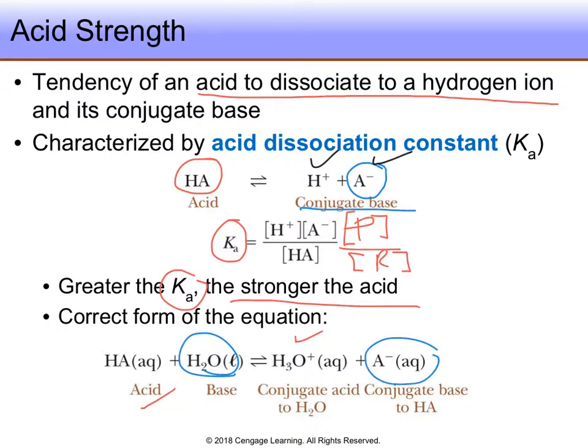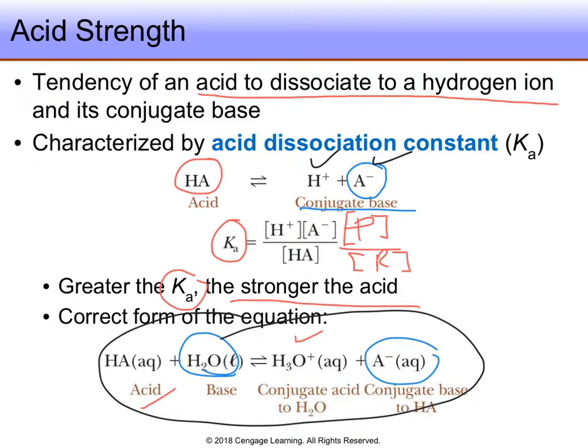And this is no different than the A minus that you saw before. But this complete reaction represents the correct form of the equation of what happens when a strong acid dissociates in water. In this case, water can act as a base.